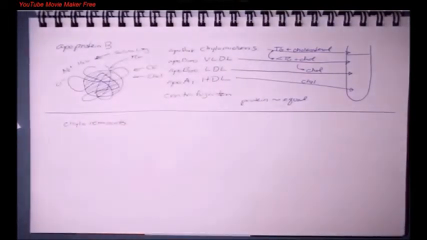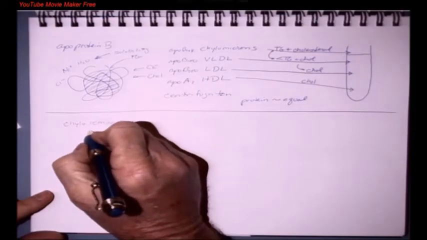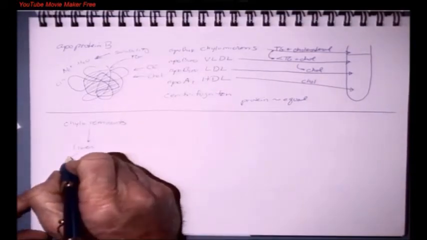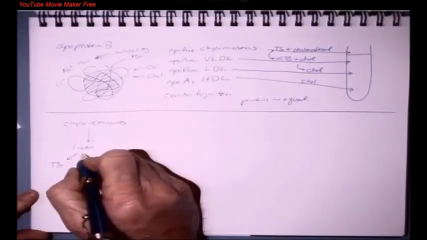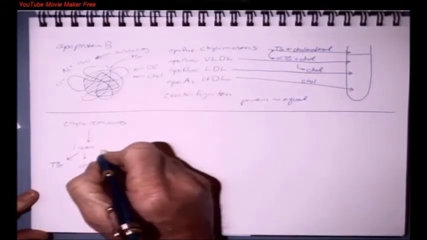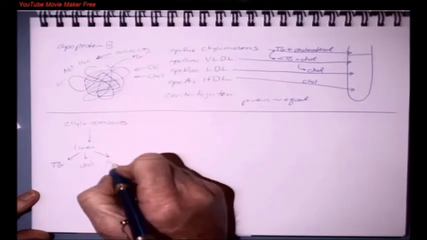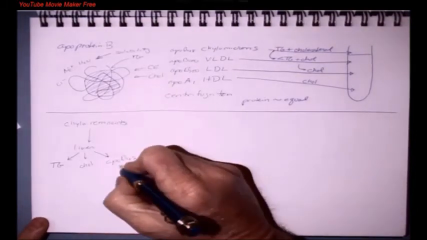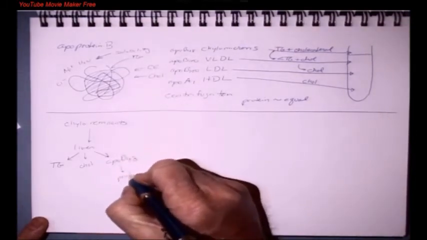So, you just saw the chylomicron remnants after they've gone through the circulation a number of passes. These are going to be taken up by the liver, and the liver is going to dissociate this into its components. The liver will take the ApoB48 and send this to the proteasome.